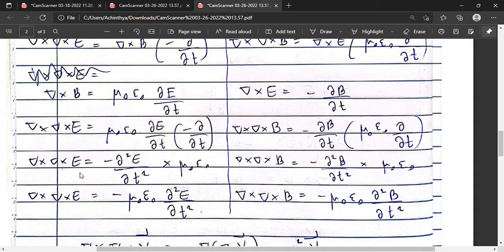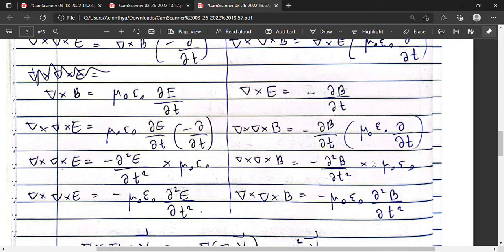So basically, the curl of the electric field is thus the negative secondary derivative of the electric field with respect to time as a product of mu naught epsilon naught. So we can obtain the curl of the electric field is equal to minus mu naught epsilon naught as a product with the secondary derivative of the electric field with respect to time.